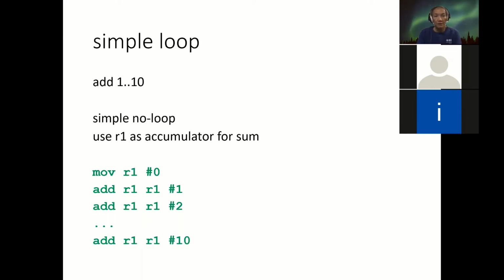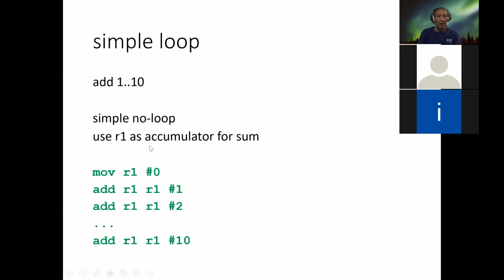Next one concerns control, right? So we illustrate using a simple loop. Let's say we want to add the numbers 1, 2, 3, 4, 5 to 10. Okay. How to write the sequence of machine code to do that? The easiest way is we are not going to use any branch instruction.